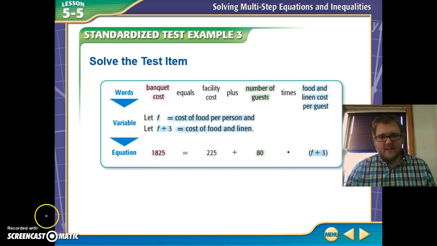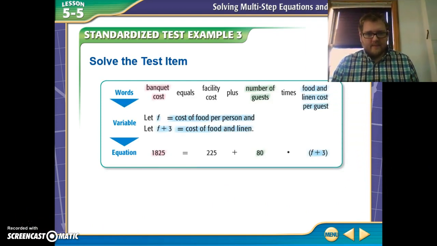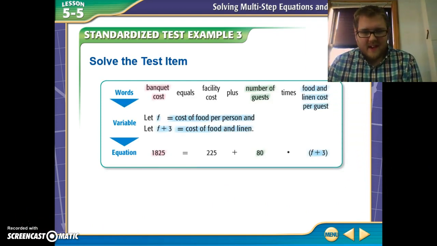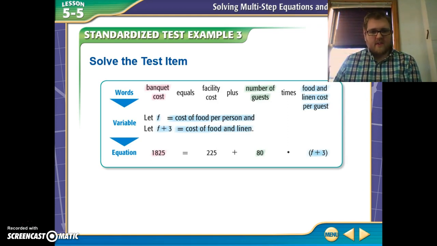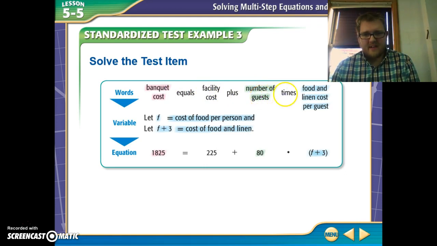So to solve that, let's look at how we would set up an equation. Lots of words in here, but let's break it down one at a time. We know that the total banquet cost is going to equal the facility cost plus the number of guests times the food and linen cost per guest.